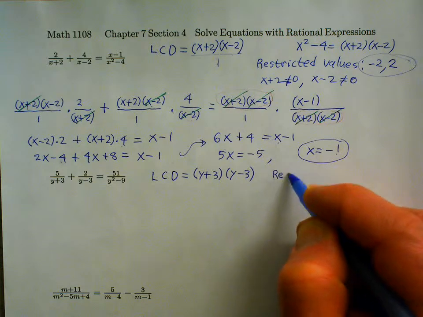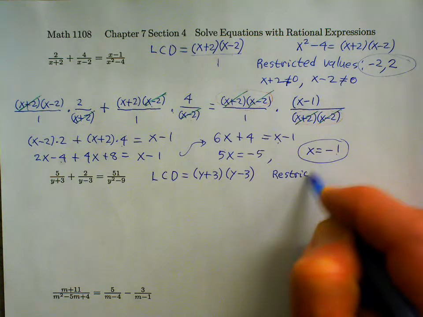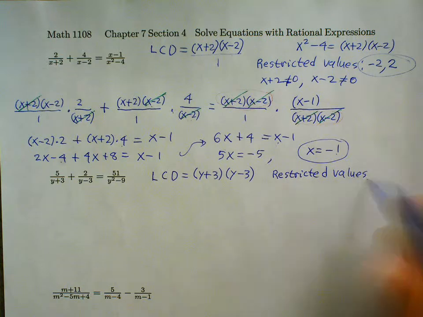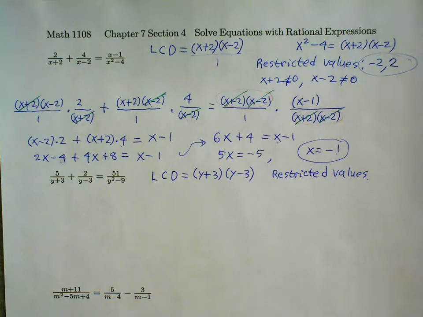Okay, we use those to help us find the restricted values. Okay, what are the restricted values? Negative 3 and positive 3.